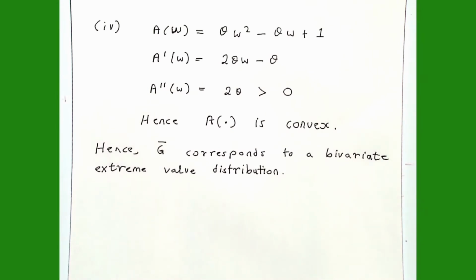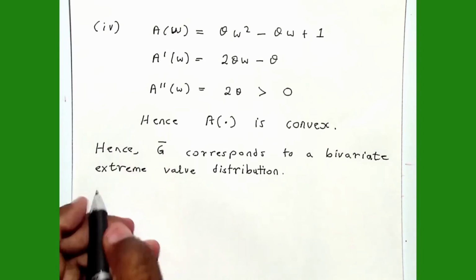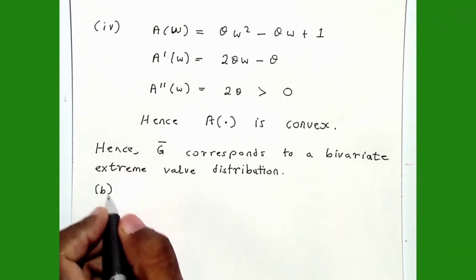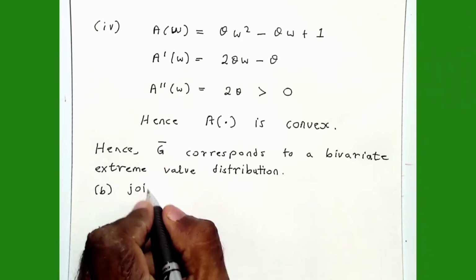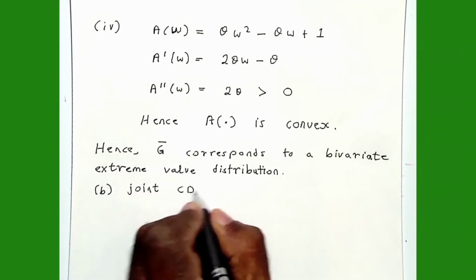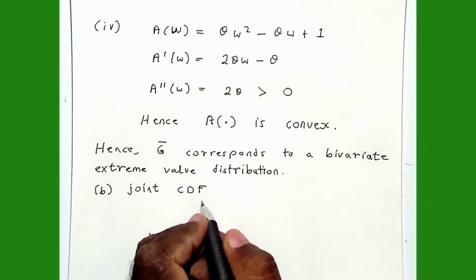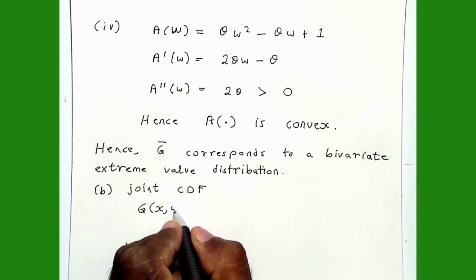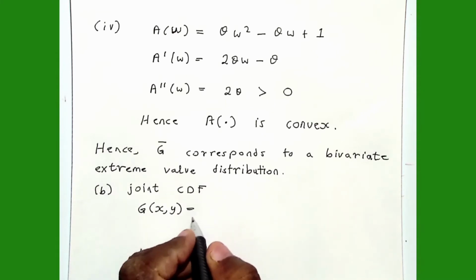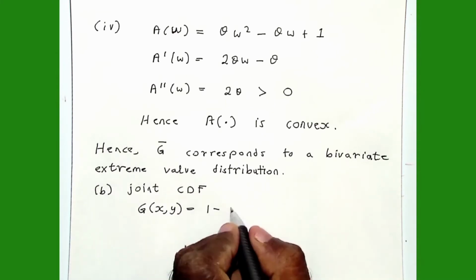Now the 6 remaining parts are pretty routine, so I will just briefly show you what to do. Part B is asking you for the joint CDF. So the joint CDF, which I shall denote by this, right, can be obtained from the joint survival function as follows.